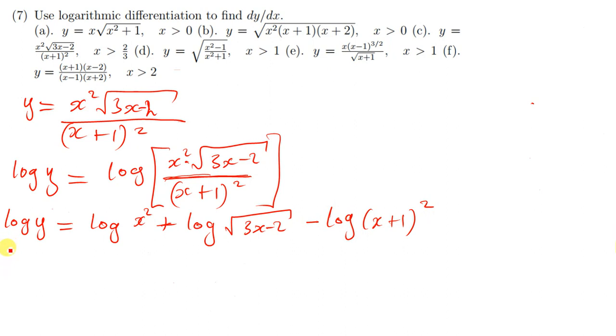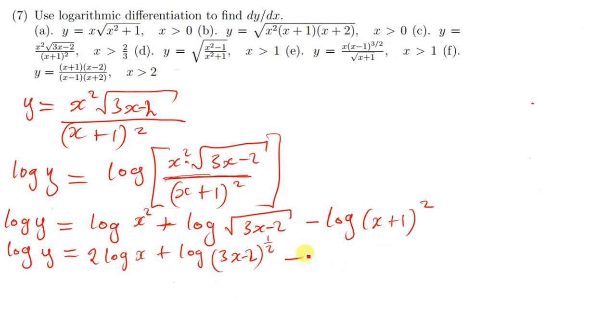So we now apply the rules of logarithms. We are going to have log y this side, and we are going to say this is equal to, if you want you can differentiate them the way they are, but if you want you can simplify them further by saying these two can drop there, so we have 2 log x. Then this other part can also be simplified as log (3x minus 2) to the power half. Any function that has been square rooted can also be written as to the power half.